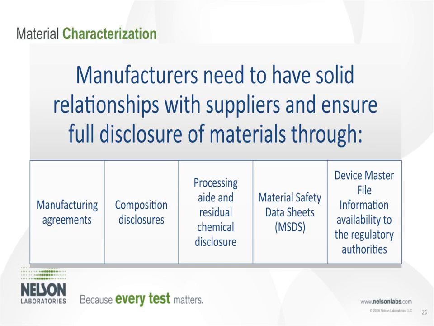Composition disclosures. We have to get to a point where people are not so scared about divulging information. I know that's easy for me to say being a lab, but in order to do a great material assessment, we have to know what's in that material. Because even though I hear it all the time, oh, it's silicone, it's polypropylene, it's PEEK, and they say everybody uses silicone, polypropylene, and PEEK.